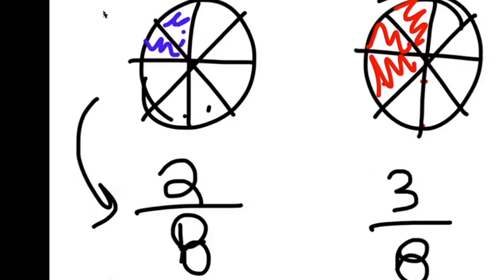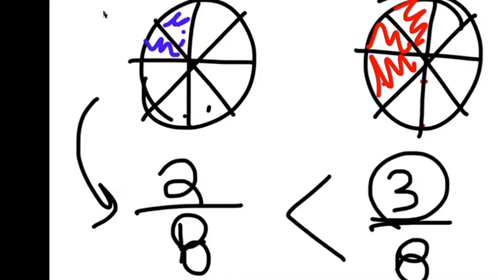Or which one has more pieces? Hold up a 2 for 2/8 or a 3 for 3/8. Nice job. My 3/8 is greater, right? 3 pieces is bigger than 2 pieces.